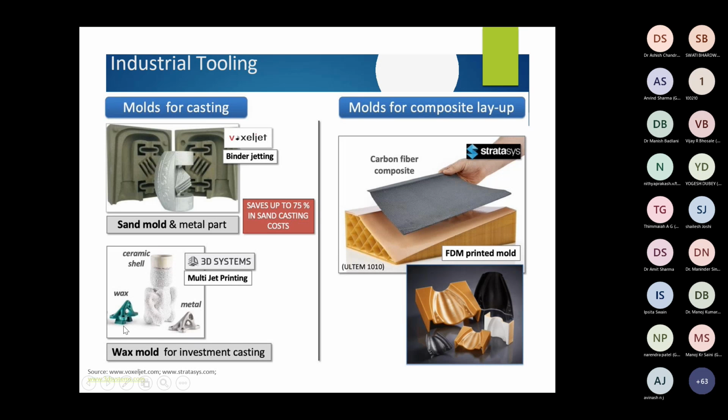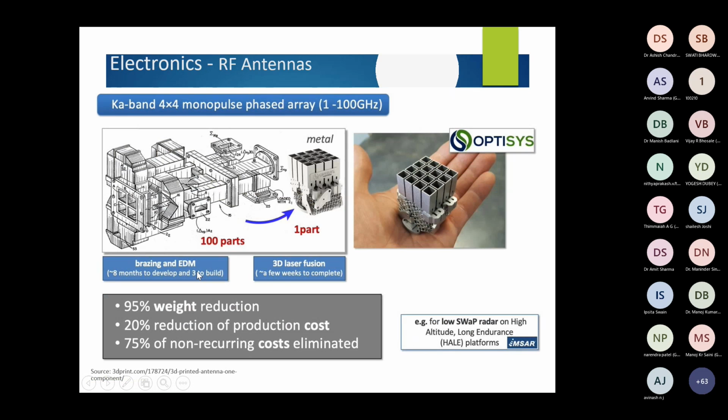These are the various other components: wax, metal, and ceramic shell, carbon fiber. And this is the FDM printed mold from the FDM machine. So these are industrial tooling components.